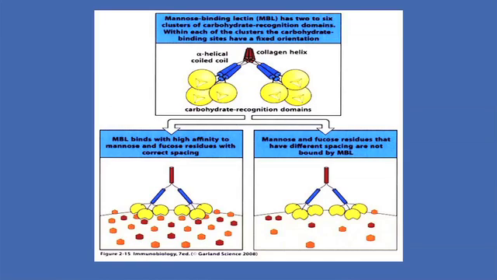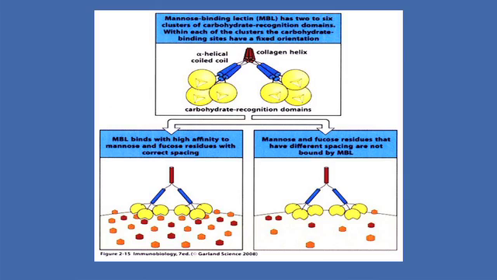Here is a picture of mannose-binding lectin. Mannose-binding lectin is one of the three routes by which complement is activated. This is a molecule that looks very much like C1q with its collagenous limbs and globular heads.